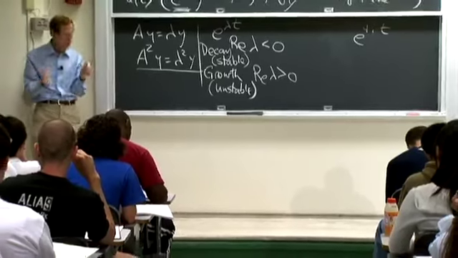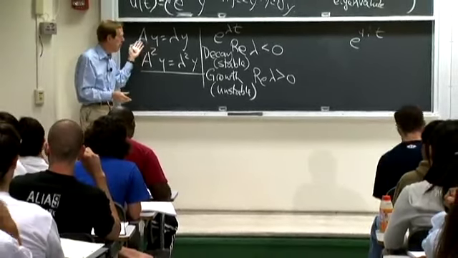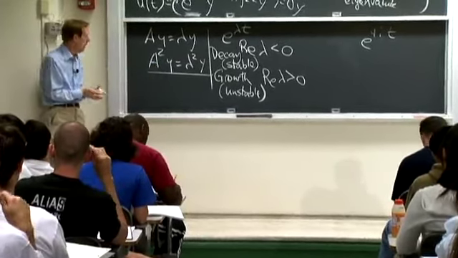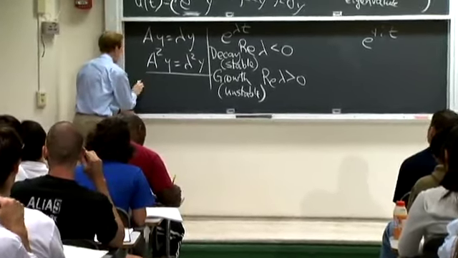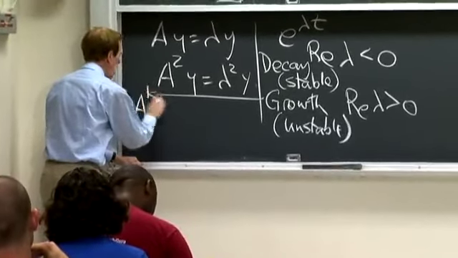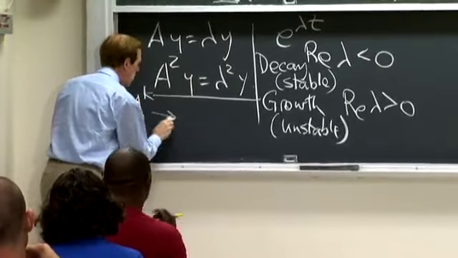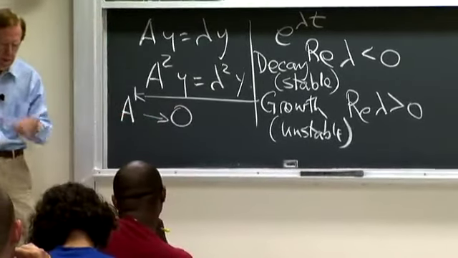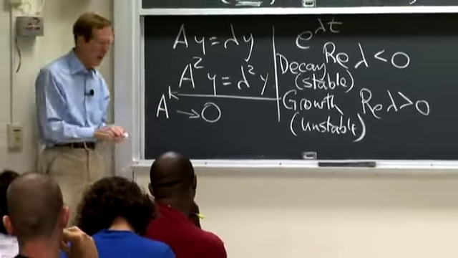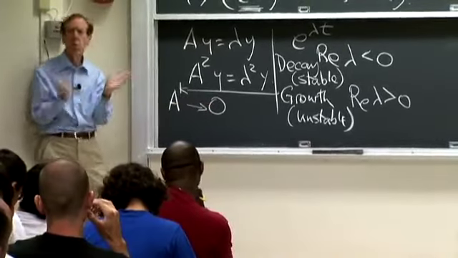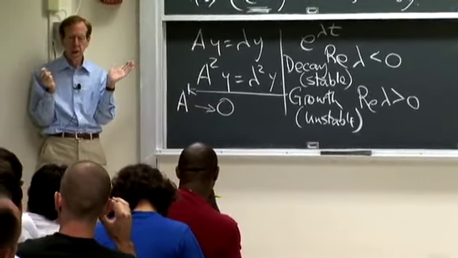So I'm asking you for powers here, over there for exponentials somehow. So here would be A to higher and higher powers goes to 0, the 0 matrix. In other words, when I multiply by that matrix, I get smaller and smaller matrices, 0 in the limit. What do you think's the test on the lambdas now?